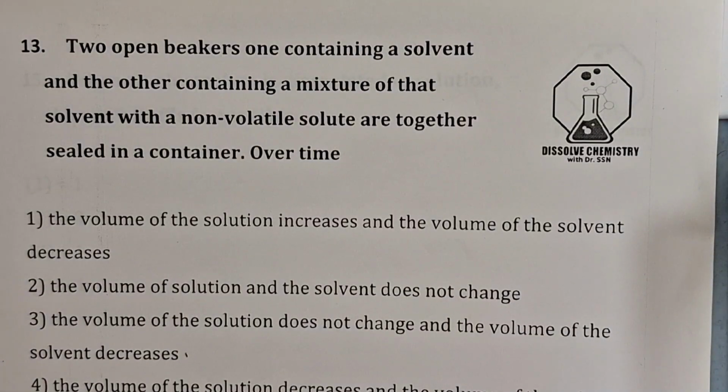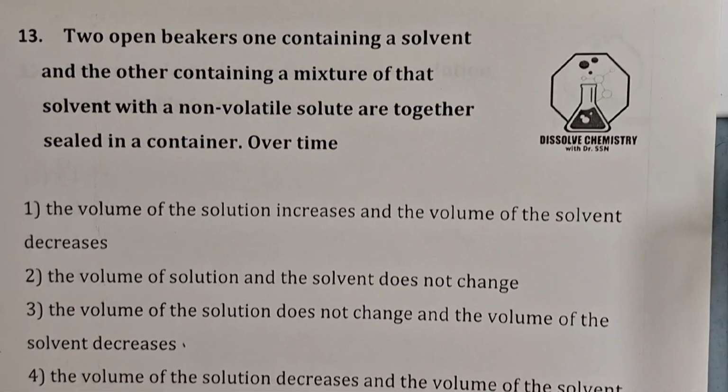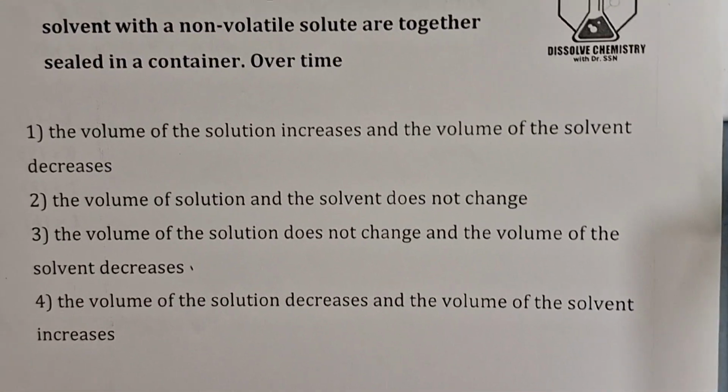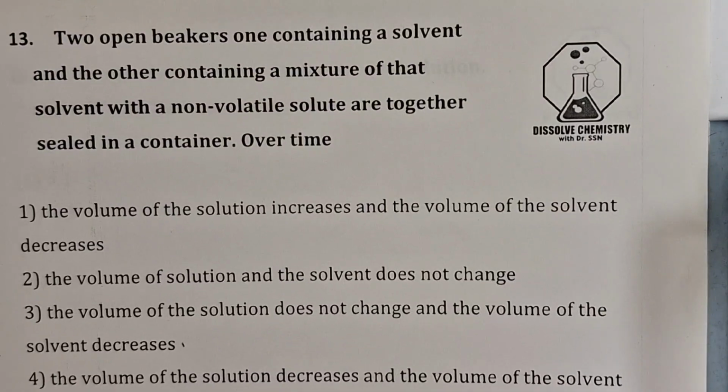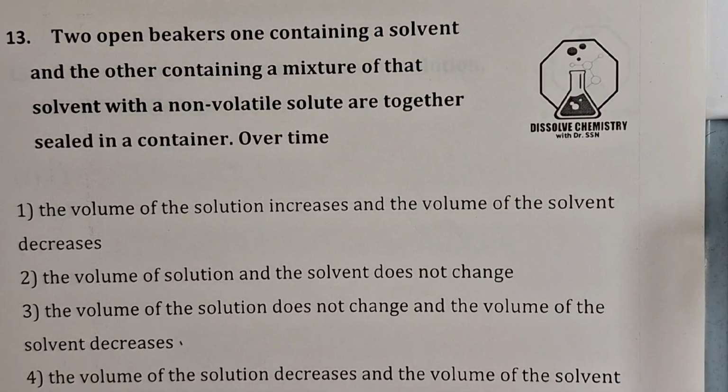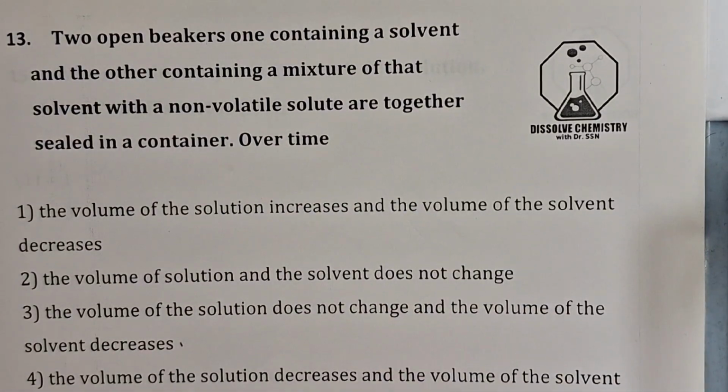13th question. There are 2 open beakers, one containing a solvent and the other containing a mixture of that solvent with a non-volatile solute, which are together sealed in a container. See here, I will show you how it is.